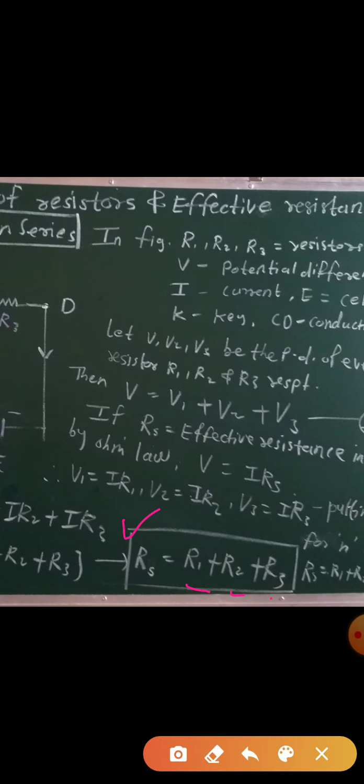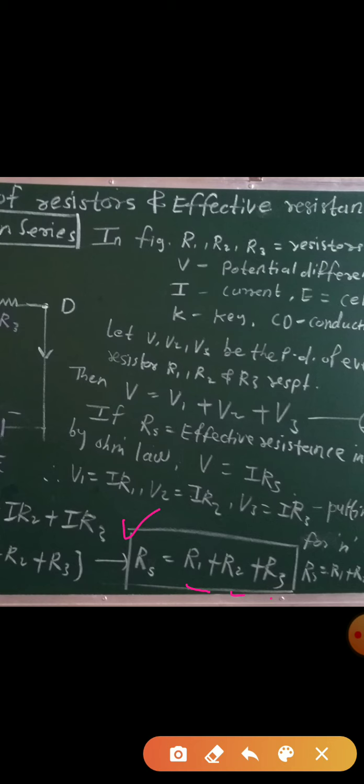So Rs is the effective resistance in series, S for series, R for total resistance. The effective resistance in series is equal to the sum of all the resistors, the addition of R1 plus R2 plus R3. Here there are three resistors.